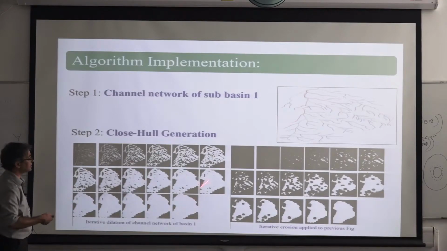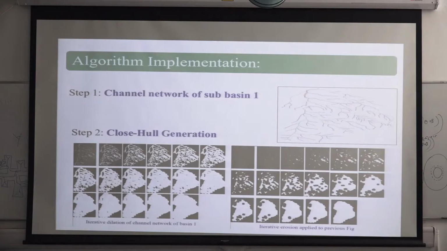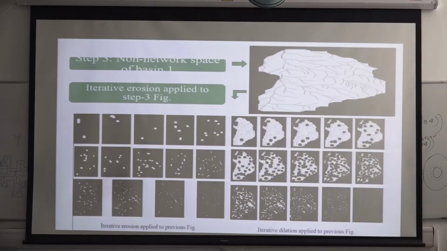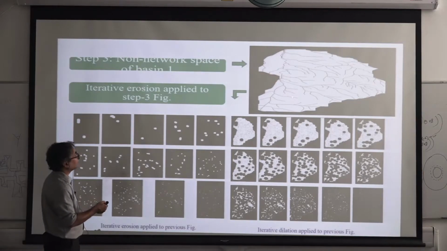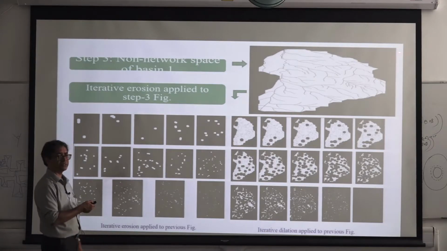Then if you subtract this network from its corresponding closed hull, you get a fat fractal. That is the white region here, and we have termed that white region the non-network space.